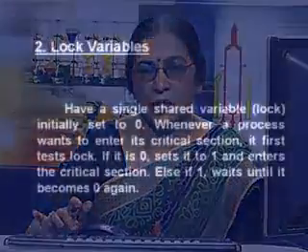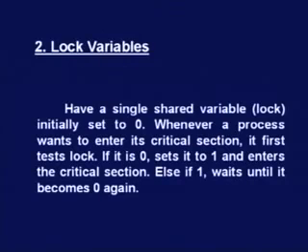The other solution that was proposed earlier is to have a variable called a lock variable. In this case, we have a single shared variable which is called the lock, whose value is initially set to 0. Whenever the process wants to enter its critical section, it first tests the value of this lock. If the value is 0, it sets it to 1 and enters the critical section.